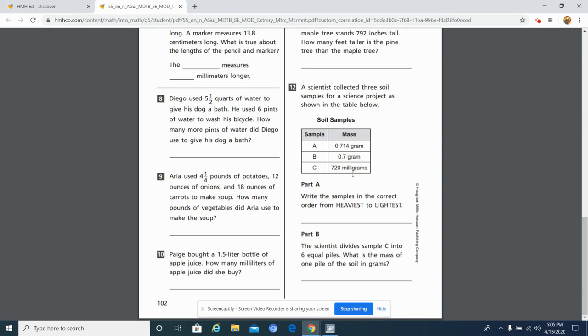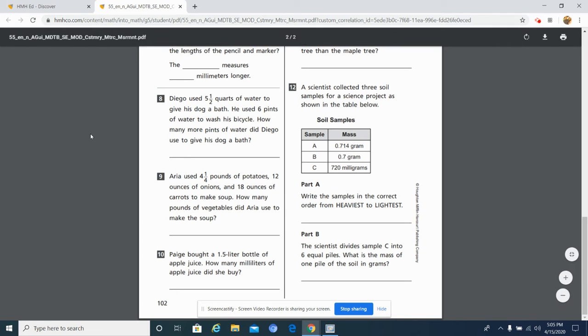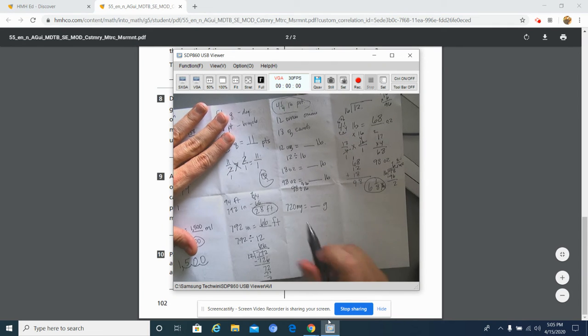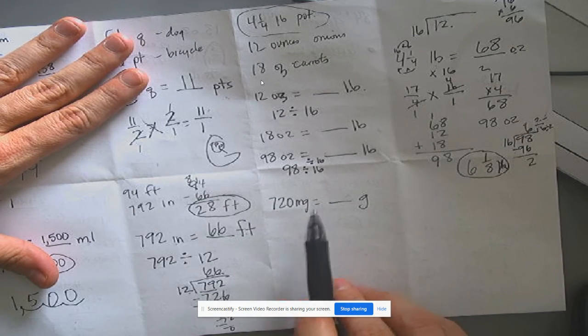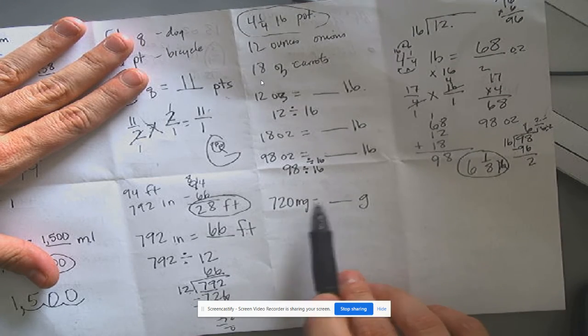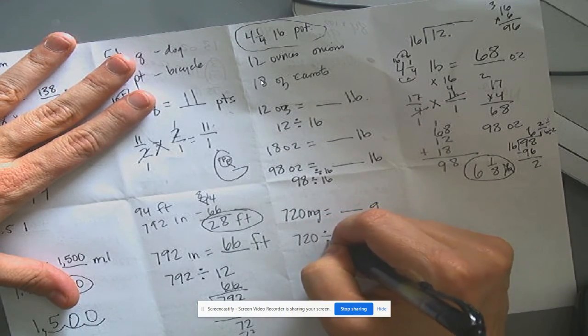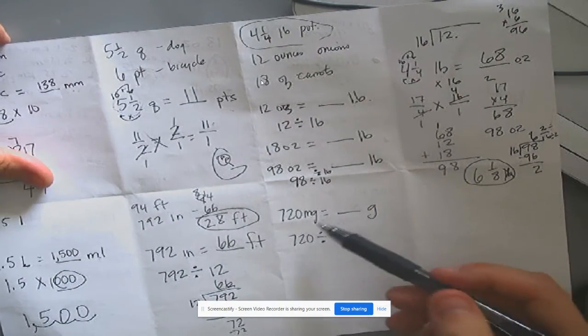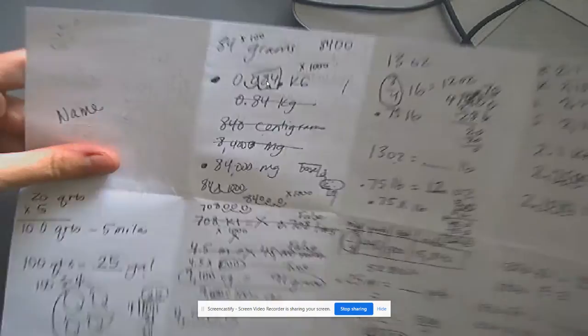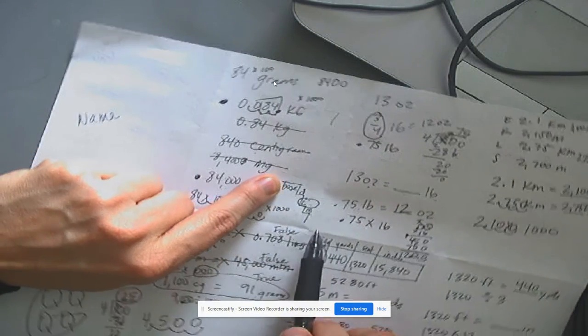So let's do 720 milligrams equals how many grams? Okay, so 720 milligrams, large to small, small to large. We're going small to large. Fly to horse, divide, of course. Okay, so milligrams to grams. Let's come back here. Here's our grams.